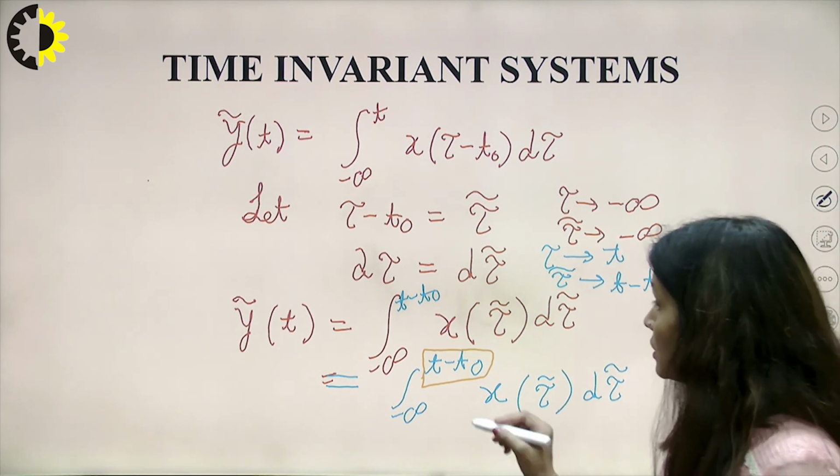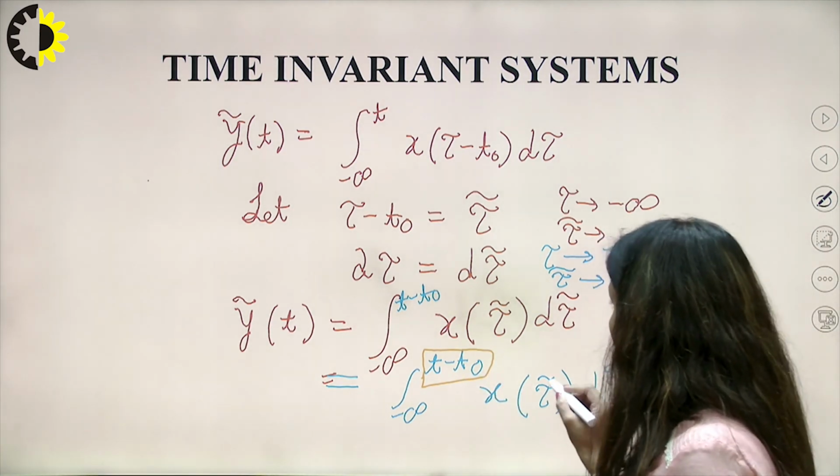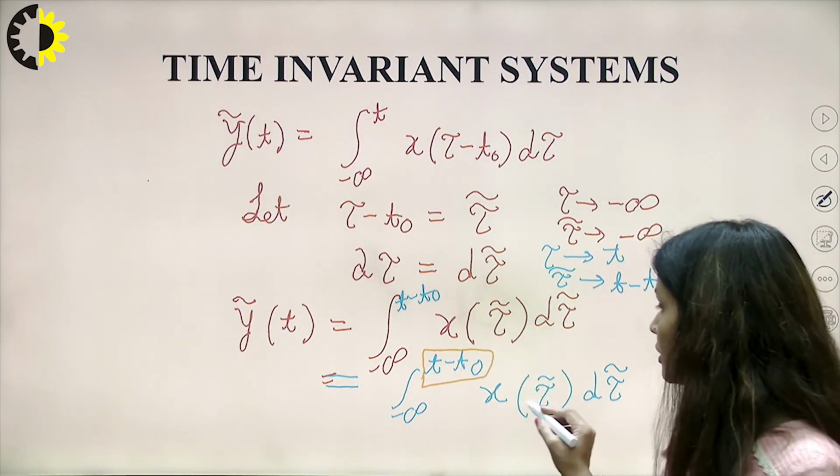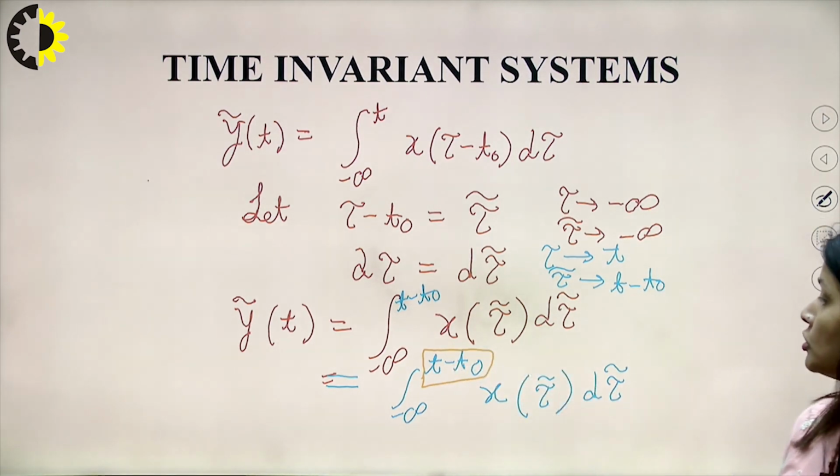That clearly states that as I have shifted by t minus t naught, my output is also changing.